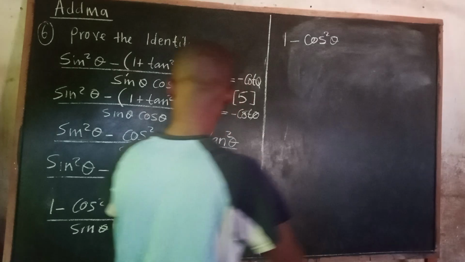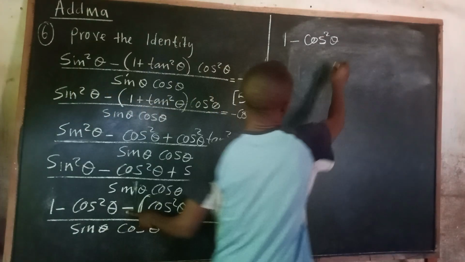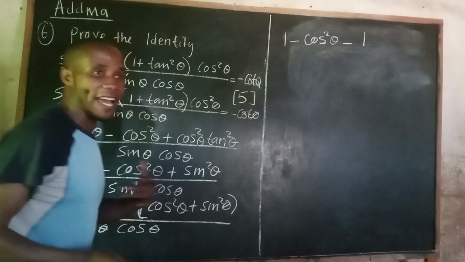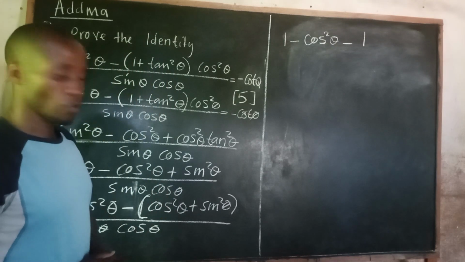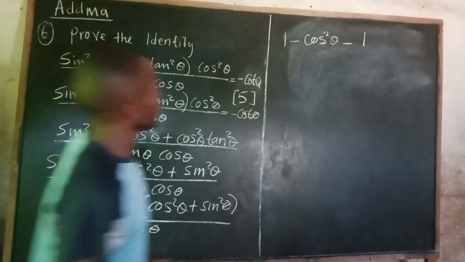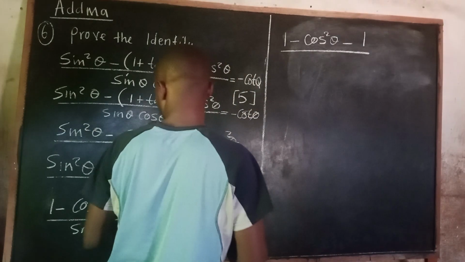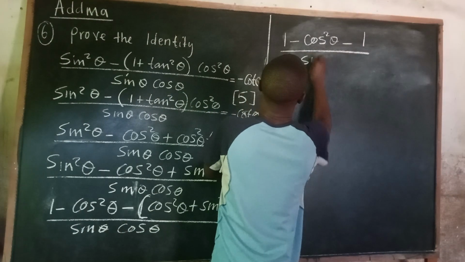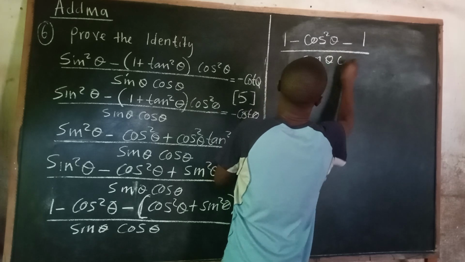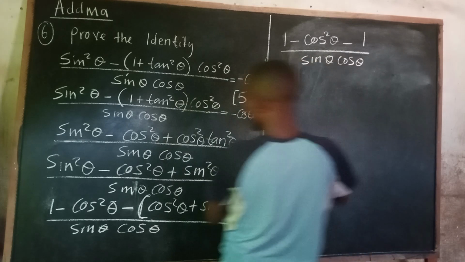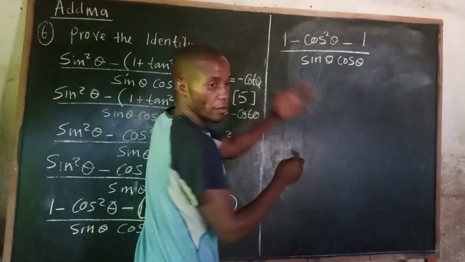Then remember here we have a minus there, then minus 1. This is what the Pythagorean identity is talked about. Okay, so now that is 1 over sine theta cos theta.